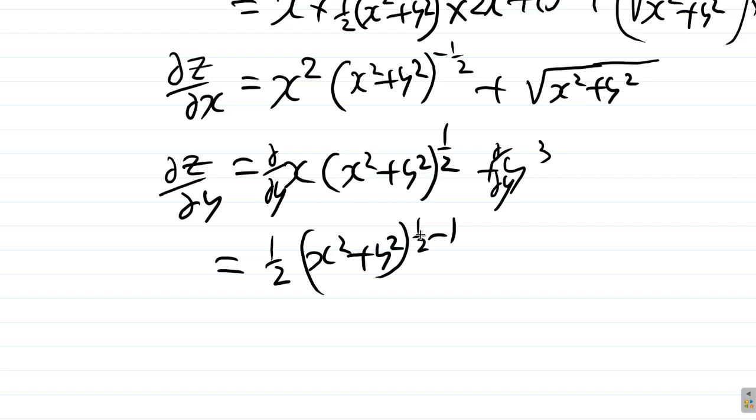If you're using the long method in chain rule, instead of doing it mentally, you select u to be equal to x squared plus y squared, and then you differentiate u to the half. So it's half u to the negative half, but u is x squared plus y squared, right? That's what we're doing mentally here.